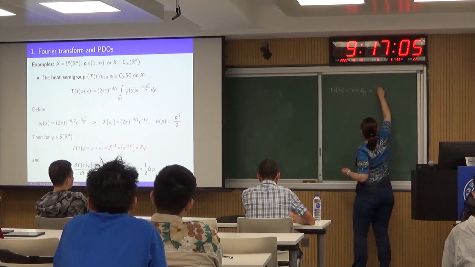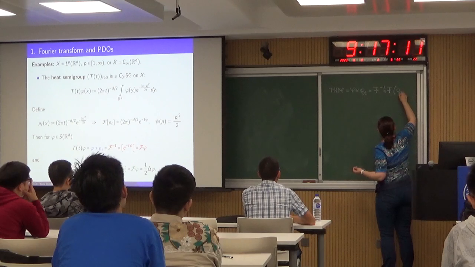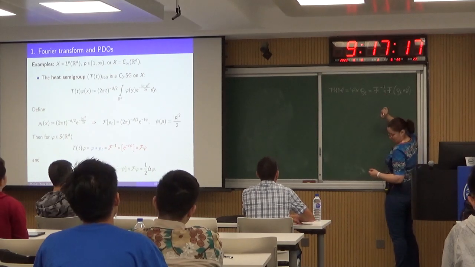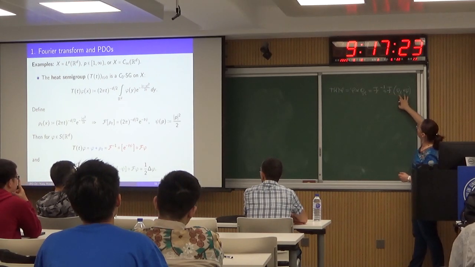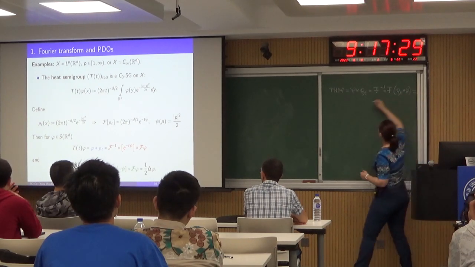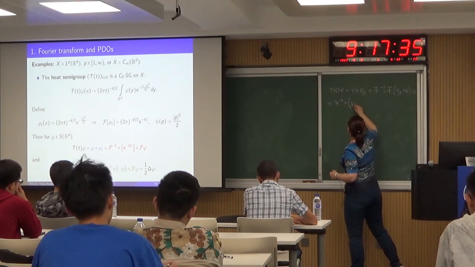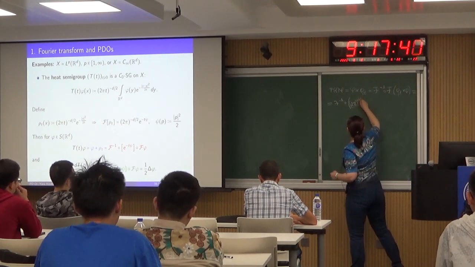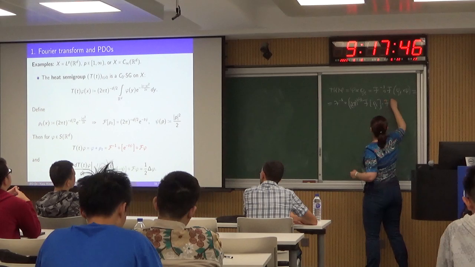Convolution is symmetric, so the order doesn't matter. Now I use properties of the Fourier transform: the Fourier transform of the convolution is a constant times the product of the Fourier transforms. So I have the inverse Fourier transform composed with a constant, (2 pi) to the d over 2, times the Fourier transform of rho t times the Fourier transform of phi.